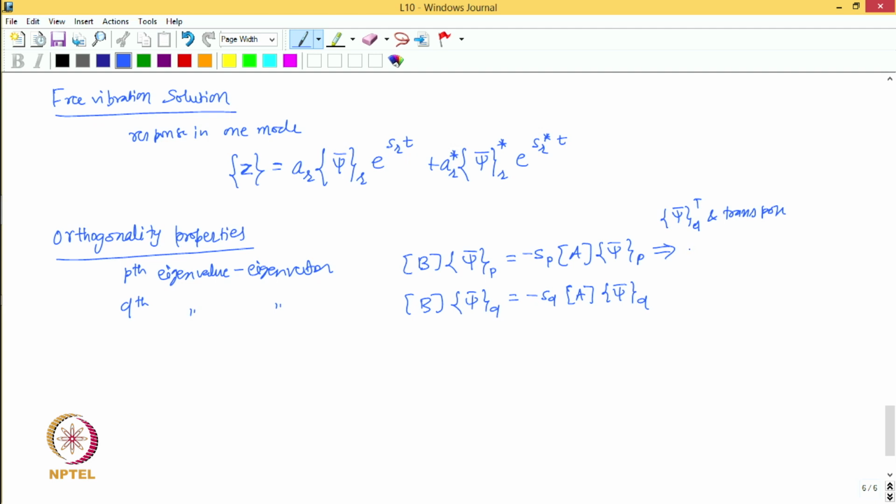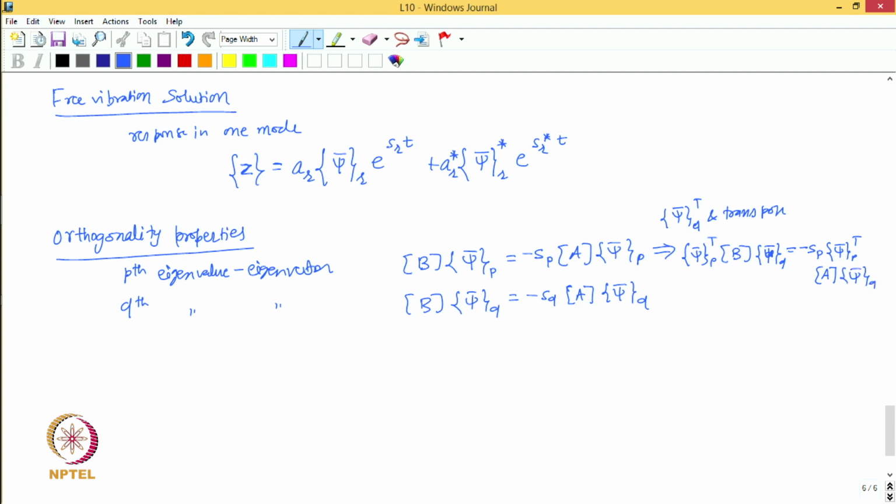We can write psi bar p transpose, and matrix B is symmetric, so B transpose is B, and then we have psi bar q. This will be equal to minus S_p psi bar p transpose multiplied by A psi bar q.